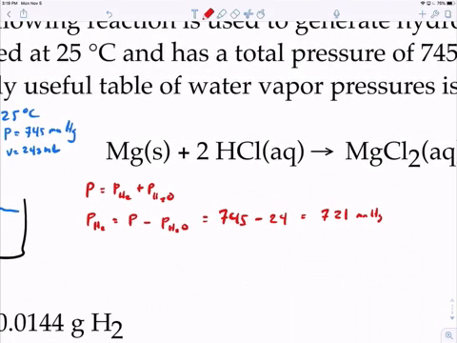And same idea, solve for n. PV equals nRT. The question is asking for a mass of hydrogen.